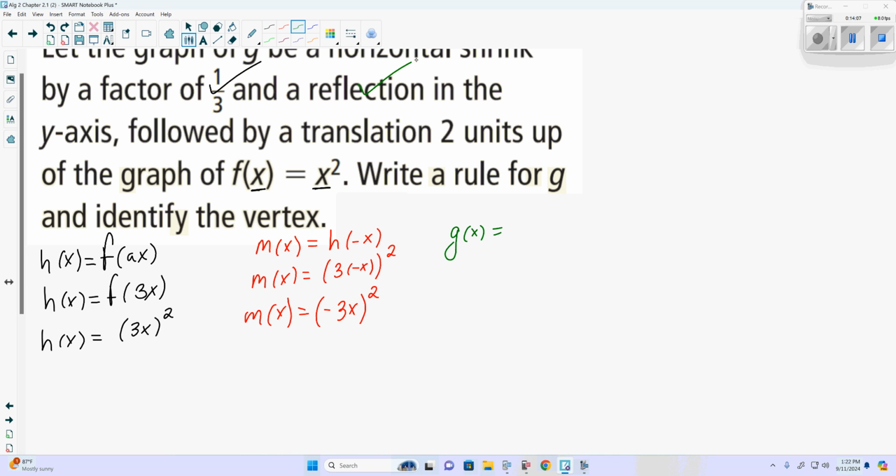Now all we have to do is translate it 2 units up. Well, our m of x is our negative 3x squared. Our value of k is plus 2, yes? Incidentally enough, that is the answer.